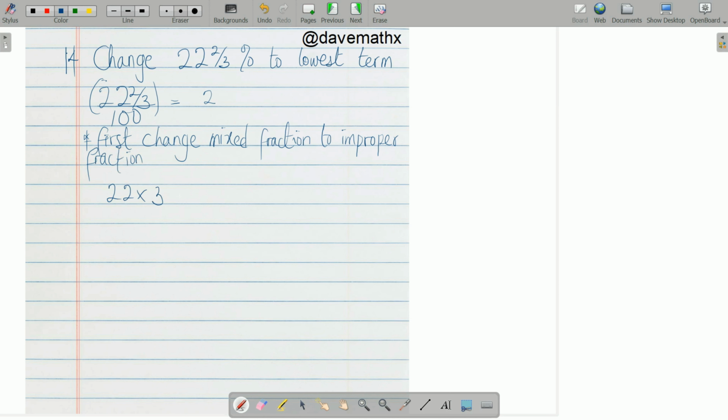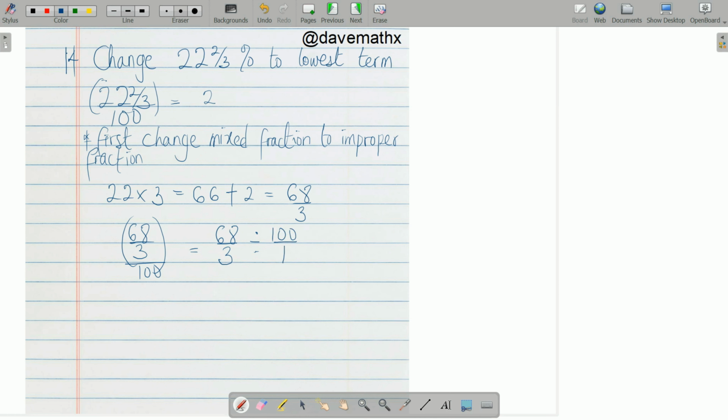So we multiply 22 by 3 and add 2. This results in the improper fraction 68 over 3. Then, to distinguish where our division sign is, we retain 68 over 3 in a bracket, divided by 100 over 1.